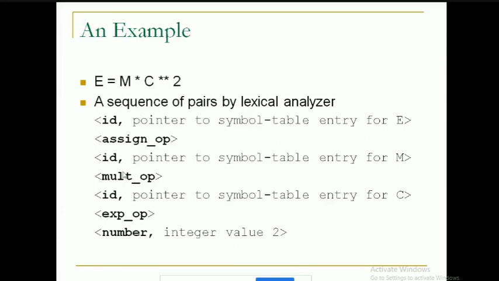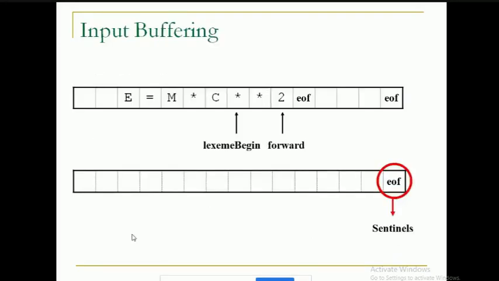The third one is again an identifier, which will have a pointer to the symbol table entry, and then the multiplication operator. Again, c is an identifier token, then the exponentiation operator. And the last one is a number, that is a constant. That value will be given in the second parameter. Okay, so these are all the things it will produce as the output of the lexical analyzer.